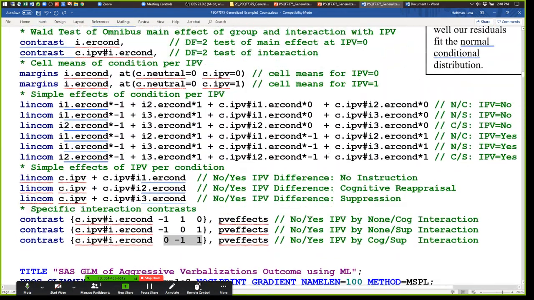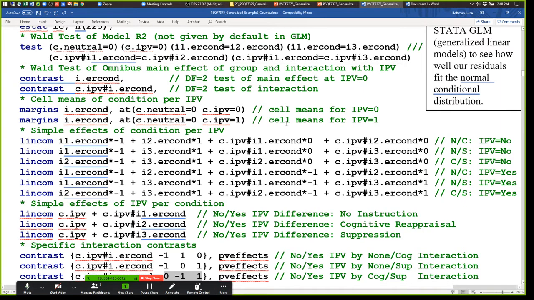So this part that we just went over is completely the same, whether you're in normal land, Poisson land, log land, logit land. You just have to know what you're predicting in terms of, is it the log of the count, is it the logit of the probability? But this logic of getting simple effects and simple effect differences works the same way regardless of what kind of model you have.